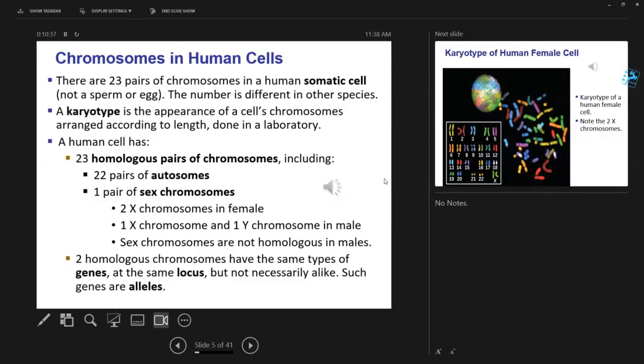They have just one set of 23 chromosomes, not 23 pairs. And that's because when a sperm fertilizes an egg, now it's 23 plus 23, you're back to 23 pairs in that fertilized egg. So the sperm and egg are the only kind of human cells that have just one set of 23. All the others have 23 pairs.